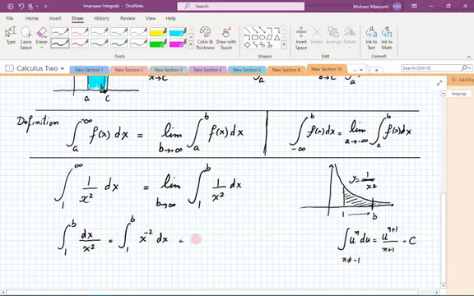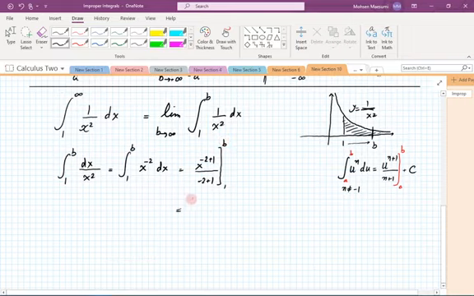So for our antiderivative, we increase the exponent, we divide by the new exponent we have, and then remember in definite integrals, if this was from a to b, then you have to calculate this thing from a to b as well. So I have to take this thing and calculate it from 1 to b. Let's write this in a nice way.